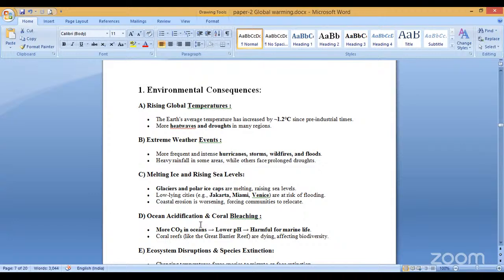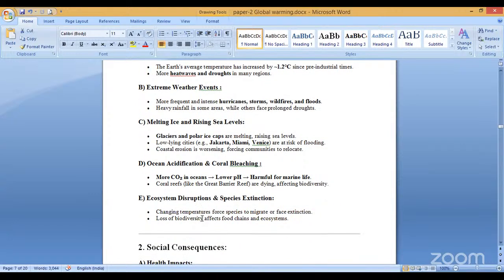Coming to the fourth one, ocean acidification and coral bleaching. More CO2 in the oceans can reduce the pH levels of the ocean, which may affect marine life. Coral reefs, like the Great Barrier Reef, are affected, again affecting biodiversity.